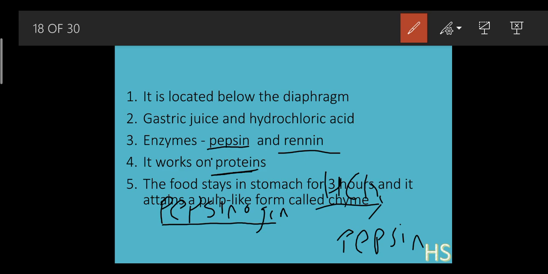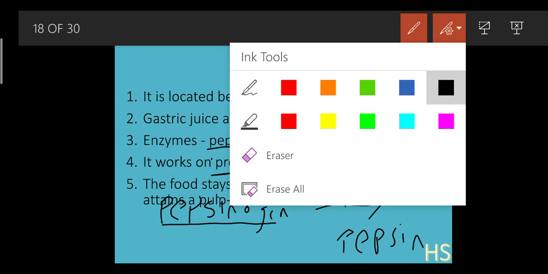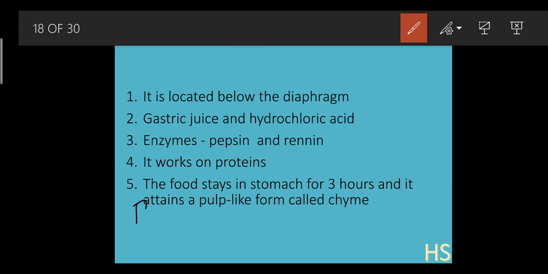When this pepsin gets converted, the pepsin starts to work upon the proteins. Now we got our activated form, that is pepsin, and pepsin works on these proteins.